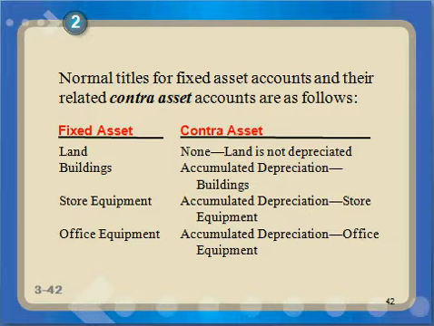For buildings, we would have the buildings account, and then a contra account called accumulated depreciation buildings. Store equipment, another fixed asset account, we'd have a contra account called accumulated depreciation store equipment. And then office equipment, we'd have another contra account called accumulated depreciation office equipment.